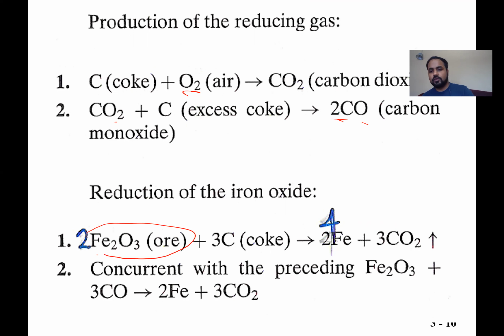It reacts with coke, and that's how you separate pure iron. And then the excess carbon monoxide also reacts with your oxide and reduces it. Since you're reducing iron oxide to iron, that's why it's called a reduction reaction that's happening inside the blast furnace.